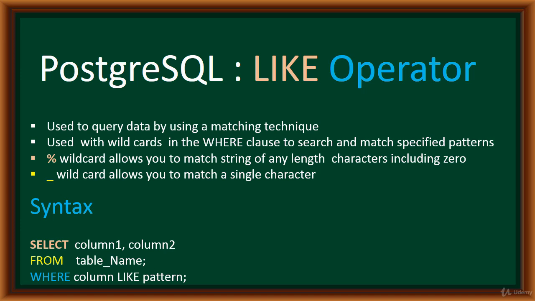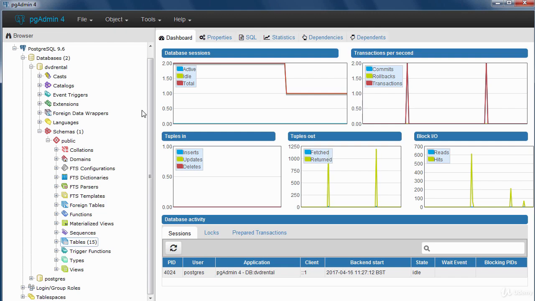So I'm going to head over to my PostgreSQL tool and experiment with one of the tables in our sample database. I have logged into PostgreSQL and I'm going to use the DVD rental sample database.